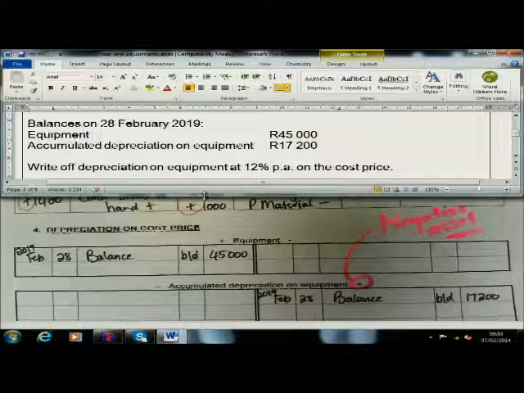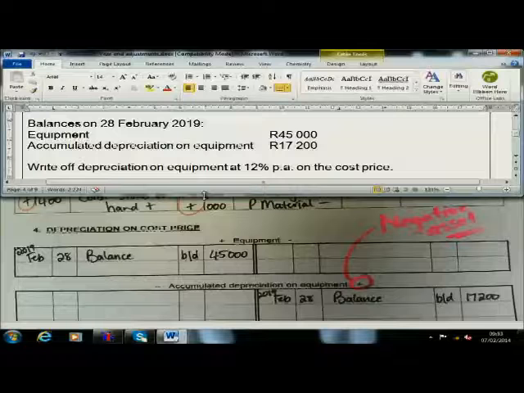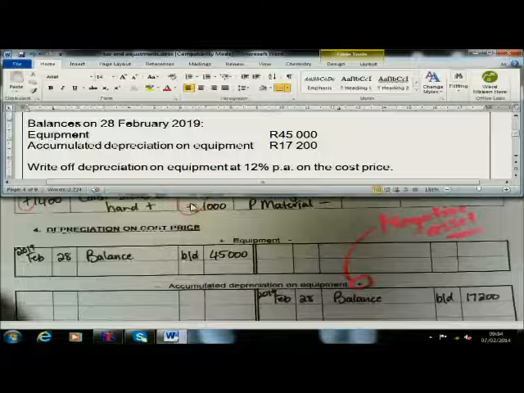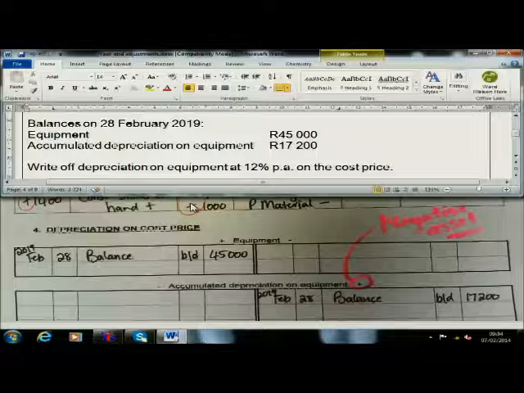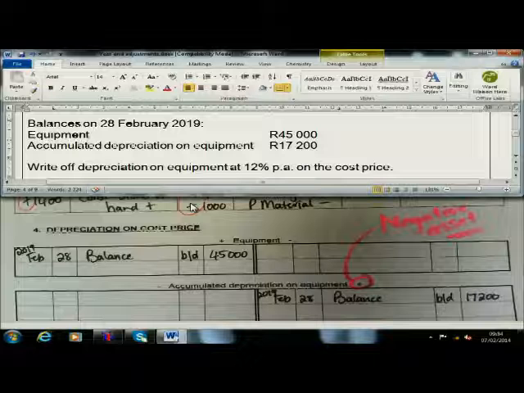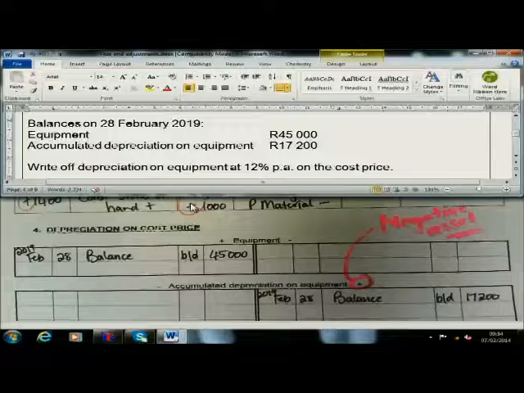That's a negative asset. We only have two, of which accumulated depreciation on equipment is one. The meaning of that 17,200 is that up till now, the end of basically the first day of this financial year, we already wrote off depreciation on our equipment worth of 17,200.